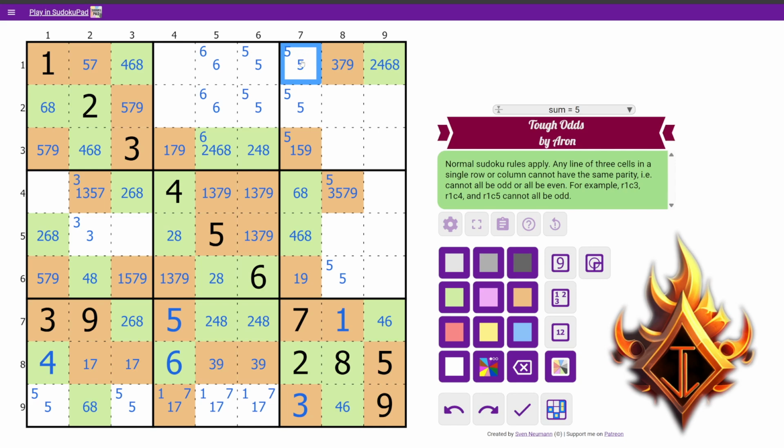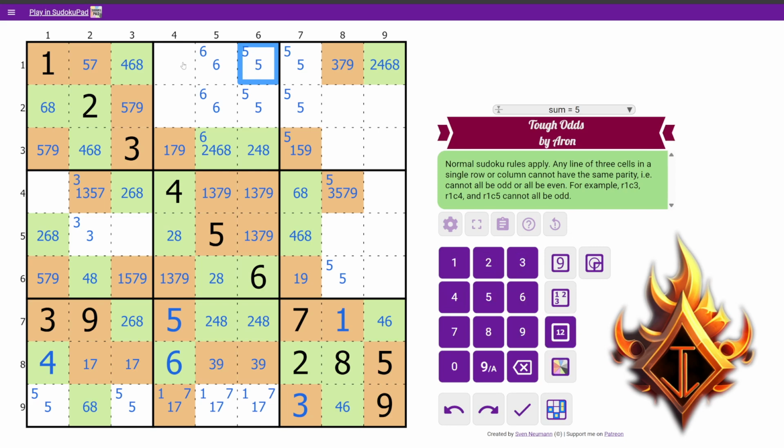If this is odd, then that is even. But then those 2 can be odd, no problem. Oh, no, they could not be. If this is odd, there has to be an even here. That's only even number 3 for the row.